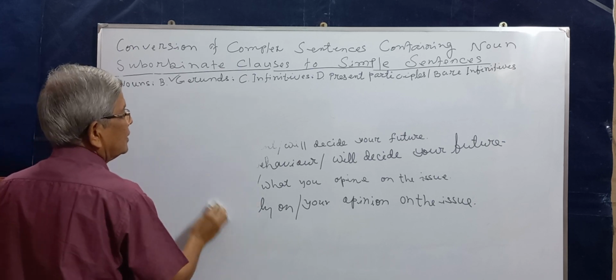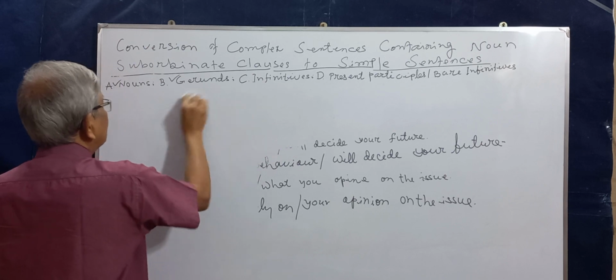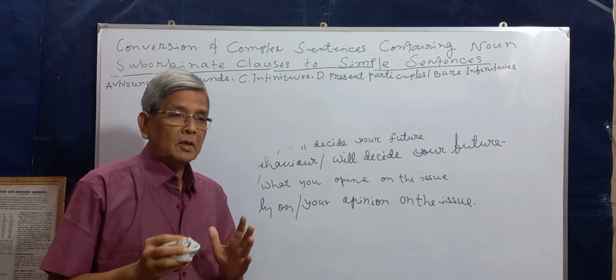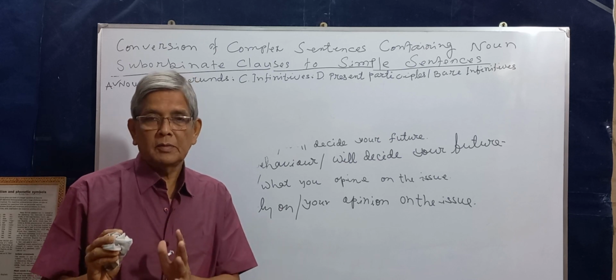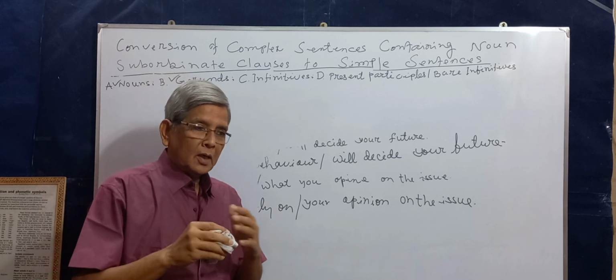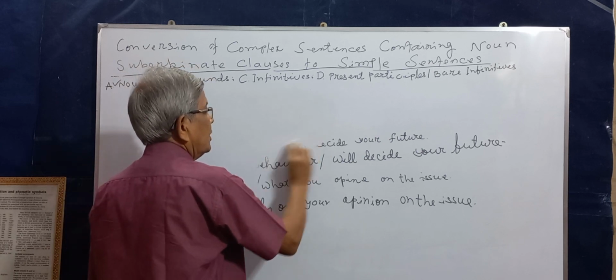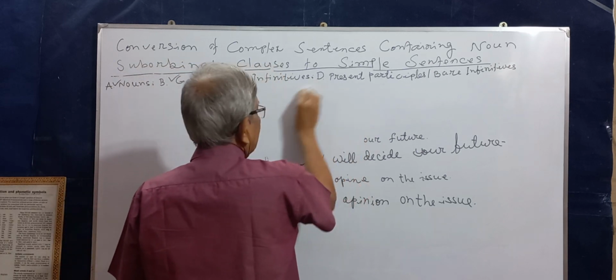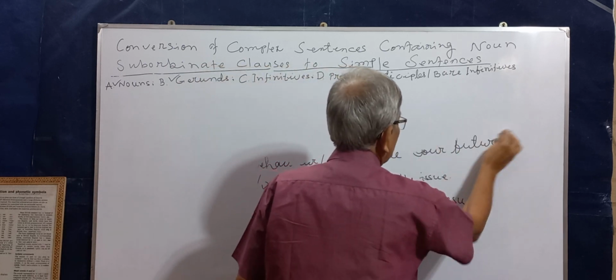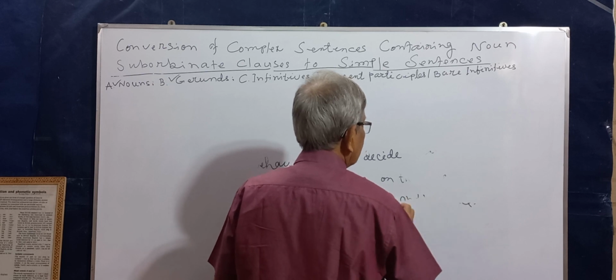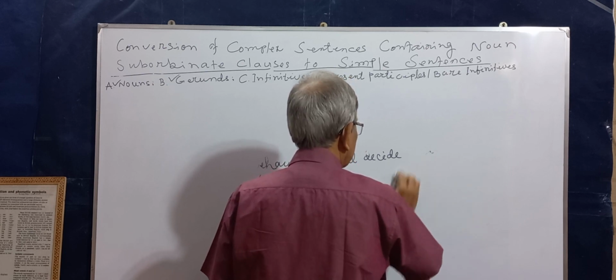Being written, being assisted: these compound forms, being with the past participle of the main verb, also form one kind of gerund, passive gerunds. But our point here is the common gerunds, that is the active gerunds. Going, sleeping, eating, flying, swimming are active gerunds.